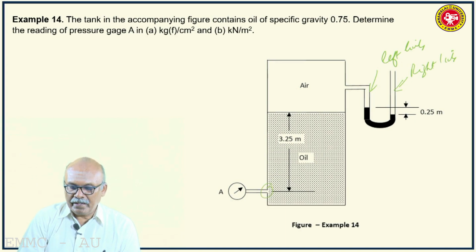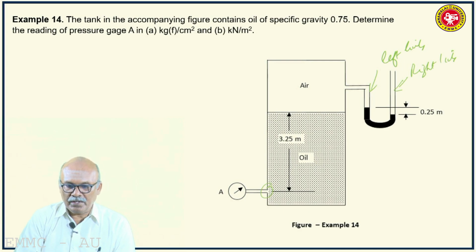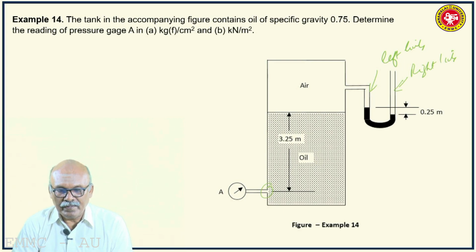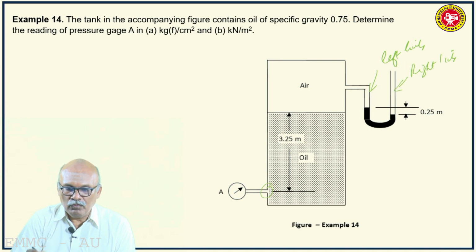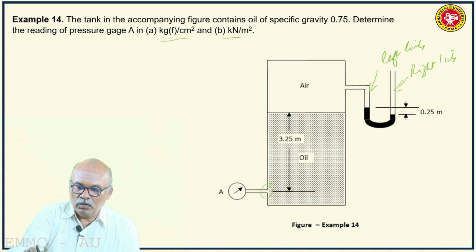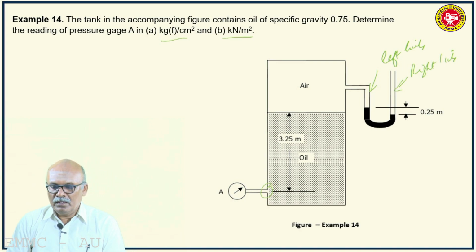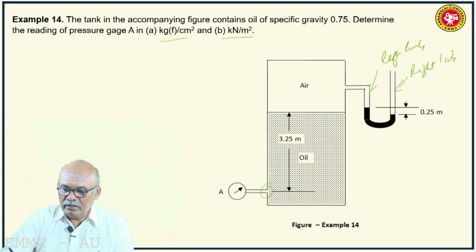Here a mechanical pressure gauge is attached. You are asked to find the pressure at the gauge point at the bottom of the vessel in kilogram force per centimeter square as well as in kilonewton per meter square. The depth of oil in the vessel is 3.25 meters.